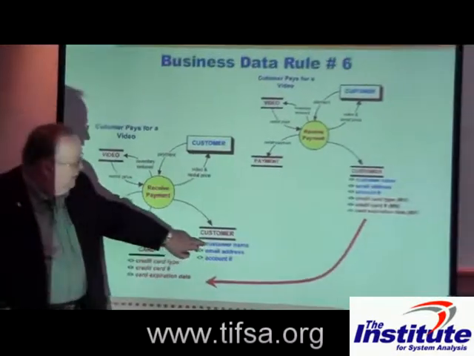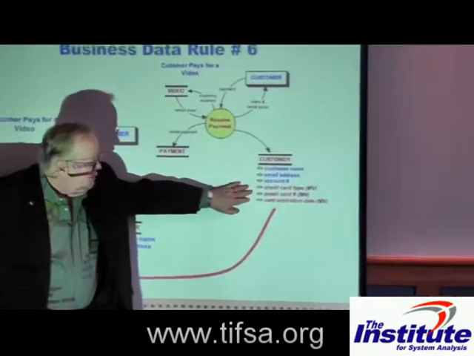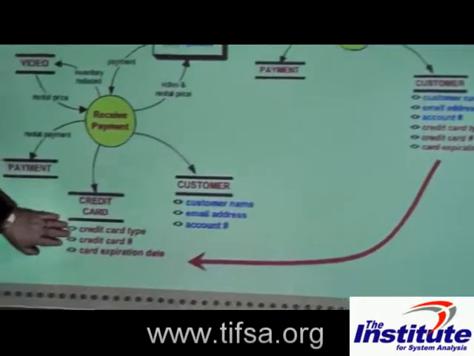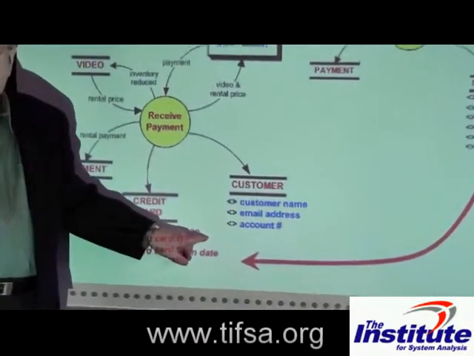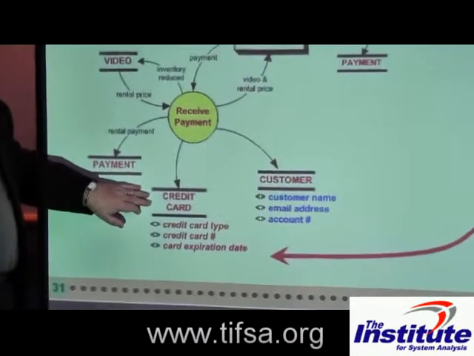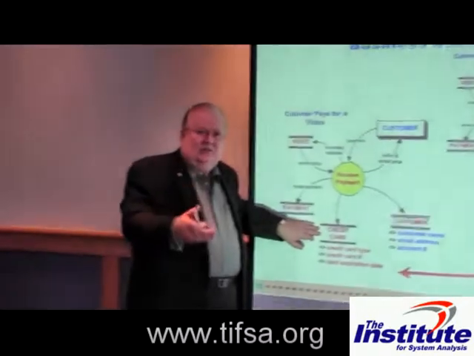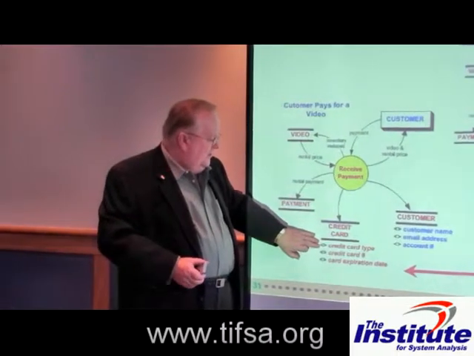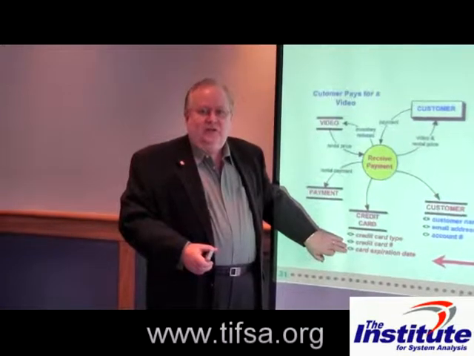And notice that I've taken all that credit card information, which is multi-value, away from customer, I've moved it over to credit card, and I've removed the notation multi-value, because now we'll have one credit card record, if you like. For Visa, we'll have one, for MasterCard, we'll have one, for Discover card, and one for Amex, or whatever the combination is. And for each one, we identify the type, we identify the number of the card, and we identify the expiration date of each one.